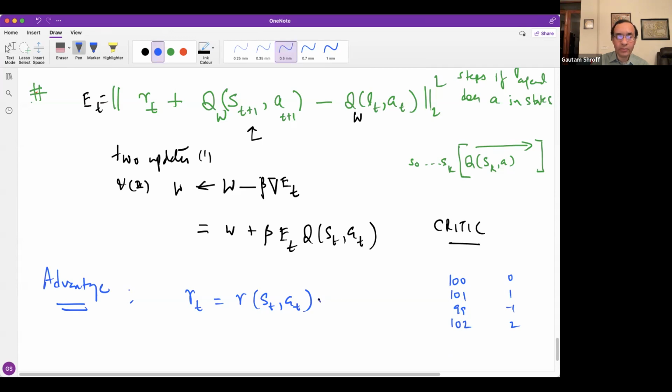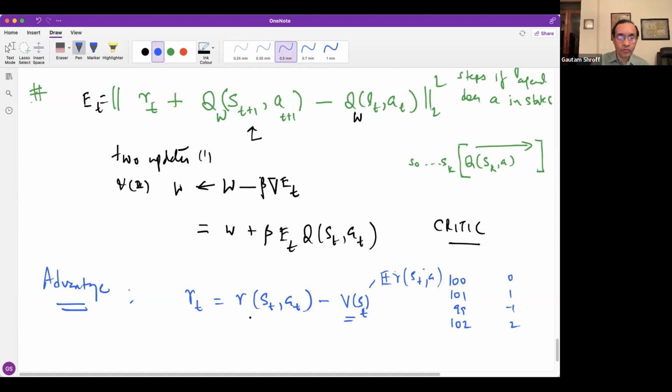So basically you just subtract the average value of all the rewards that I have observed in state S_t. So this is the expected value of the reward in S_t for whatever action, right? Here the average is, say, close to 100. So you just subtract that 100.